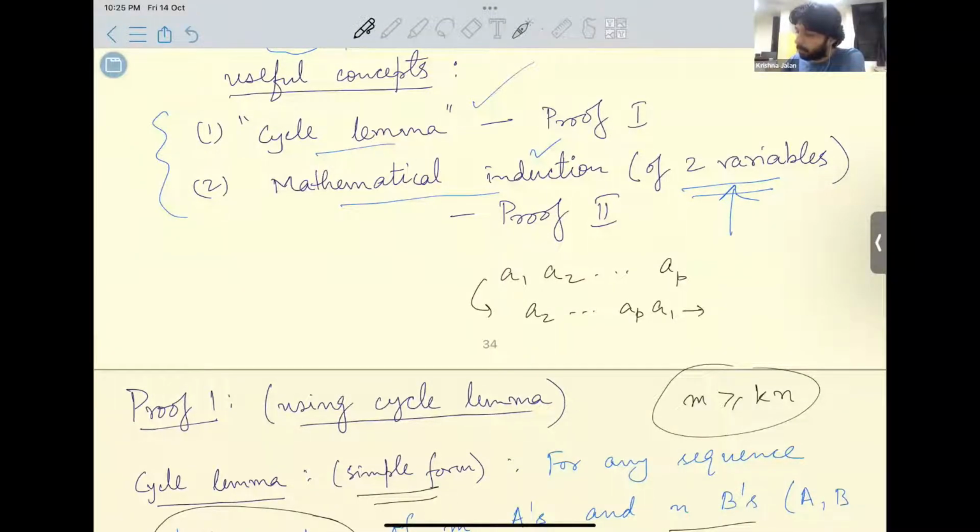The next cyclic permutation could be a3 dot dot dot ap, a1, a2, and so on. These are examples of cyclic permutations, each one shift in a particular direction. For a given sequence of length p, there will be p cyclic permutations.